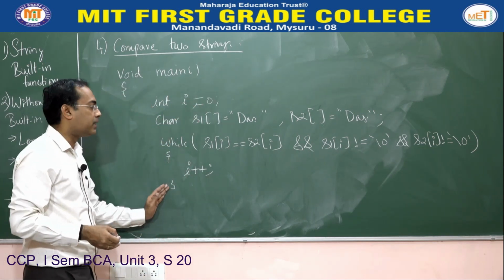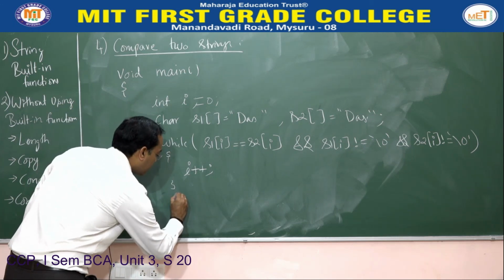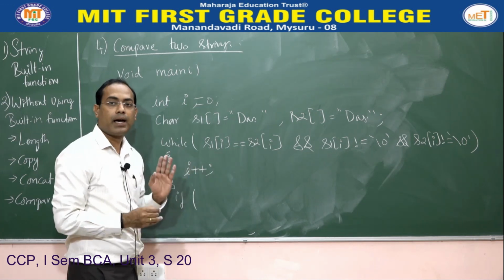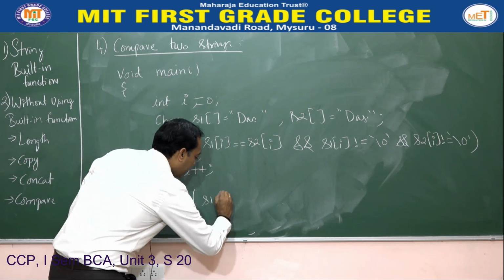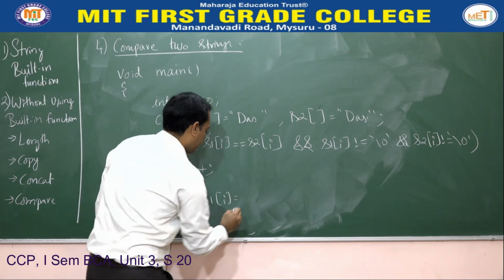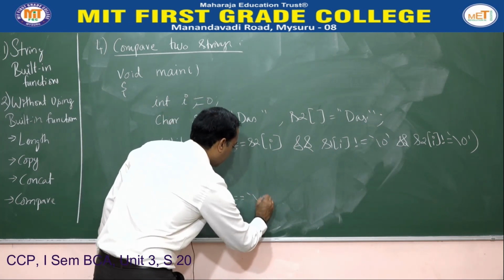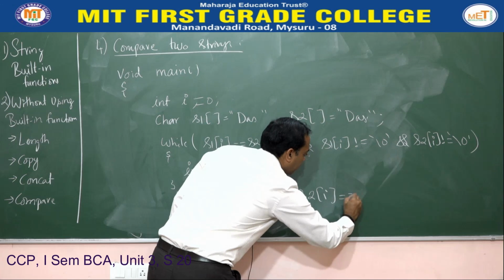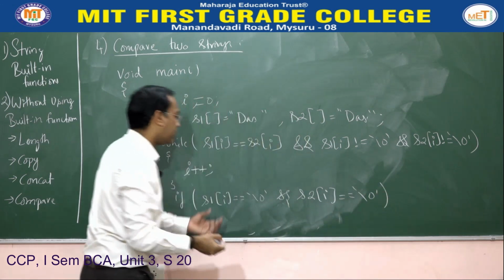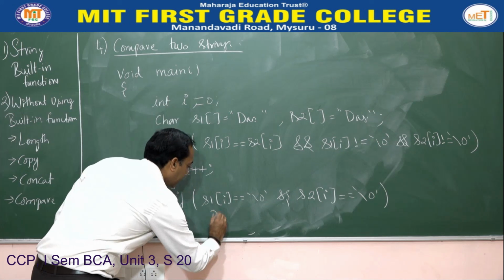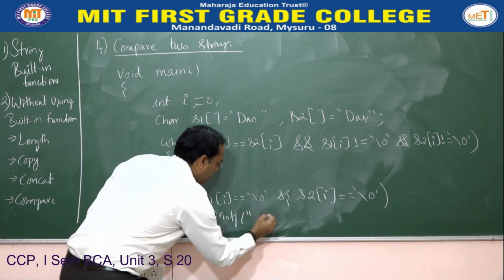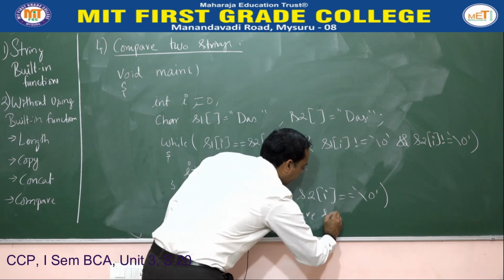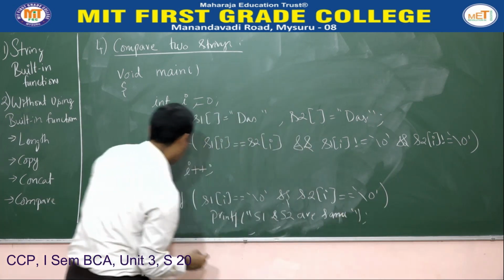Once you have completed this comparison, now you just have to check if the last location in both the arrays is the same. S1 of i equal to \0 and S2 of i equal to \0, both of them having the same character at the end, then printf S1 and S2 are same, in the sense similar.